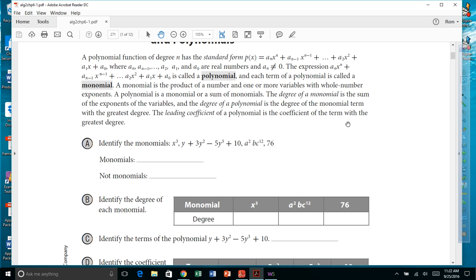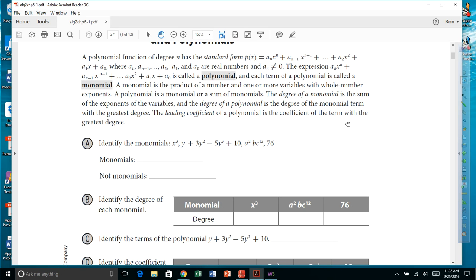The expression is called a polynomial, and each term of a polynomial is called a monomial.